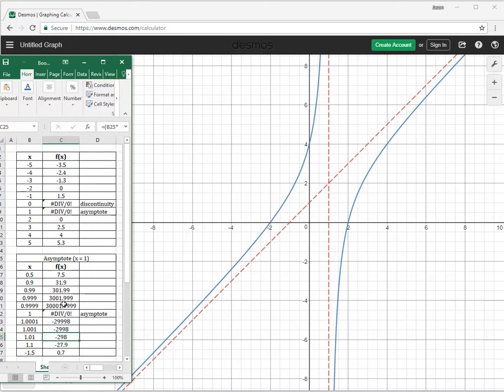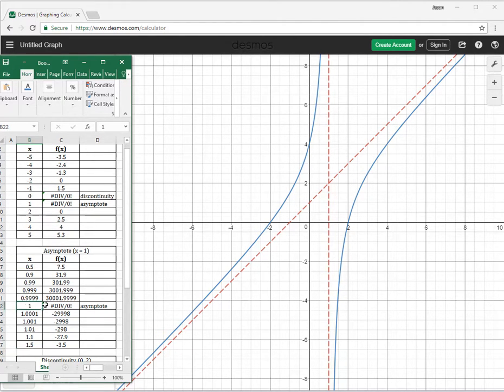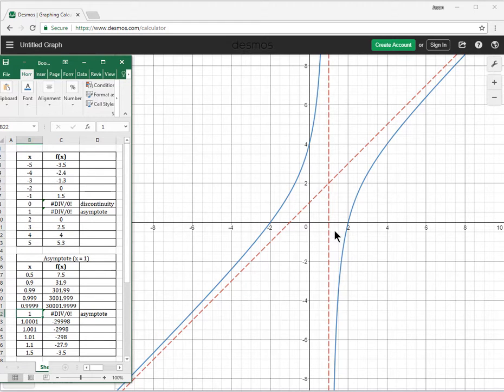See how my numbers just keep getting larger and larger? And then once we pass x equals 1, now we're on this side, and we're slowly going toward 2. You can look at it and see we were all the way down here at negative infinity, and we're slowly approaching up, and we're heading to 2.